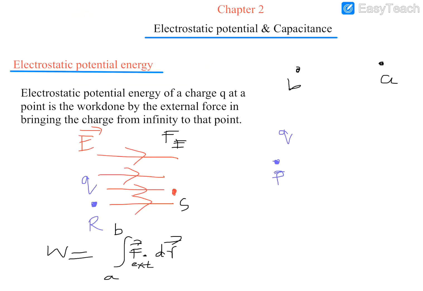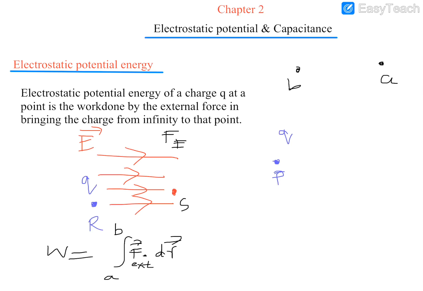Okay, so if you need to do some 5 joule of work to move this Q from here to here, then that 5 joule will be stored as the potential energy of the system. If you need some 100 joule of work to move Q charge from here to here, then that 100 joule will be converted as the potential energy of the system.